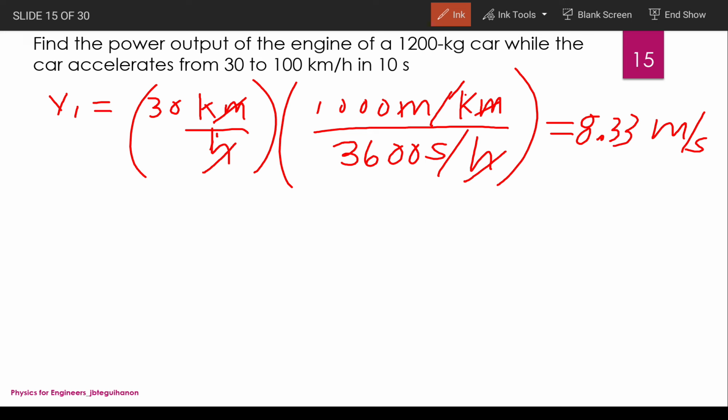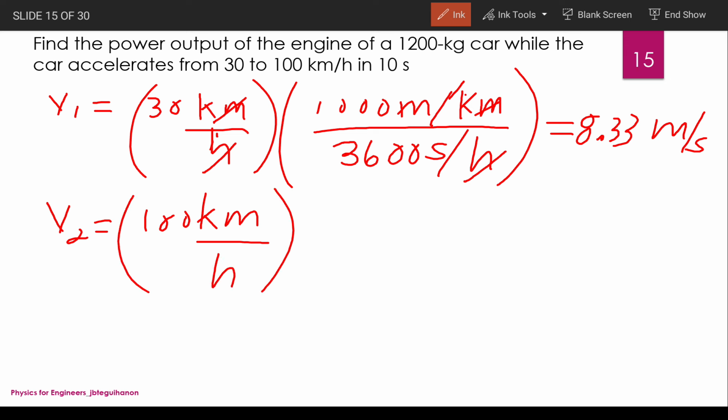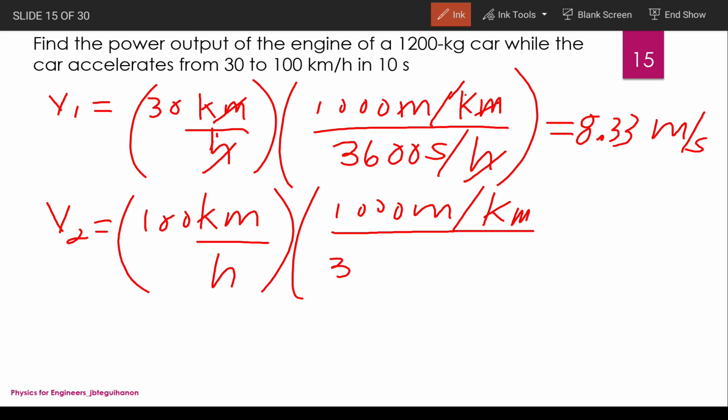So our velocity 2 is equal to 100 kilometers per hour. We will do the same thing. This is easy, it's just a conversion. And in 1,000 meters, you will have 1 kilometer, and in 3,600 seconds, you will have 1 hour.